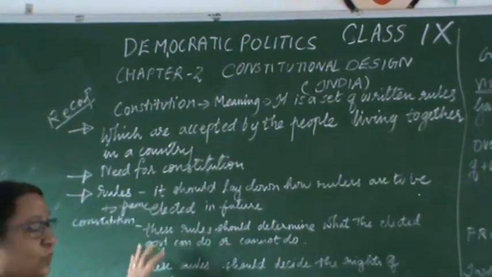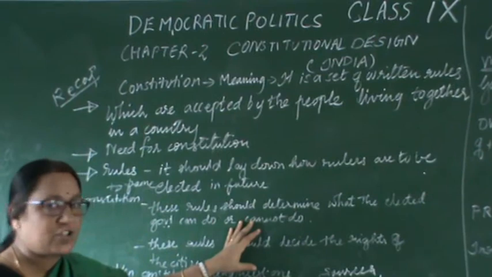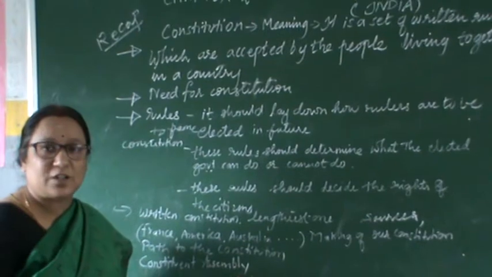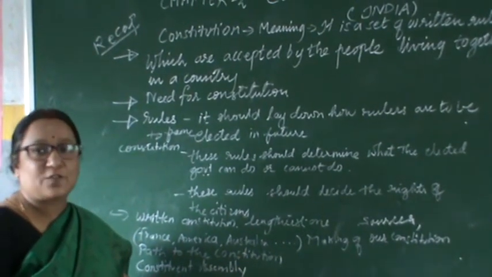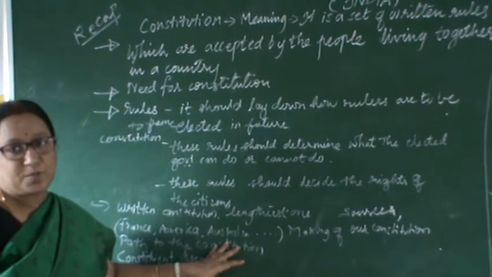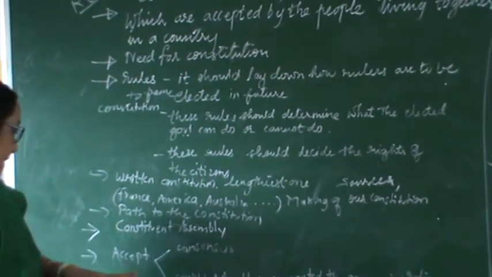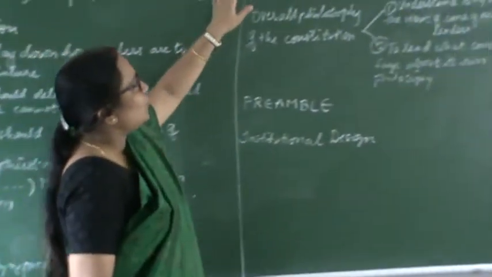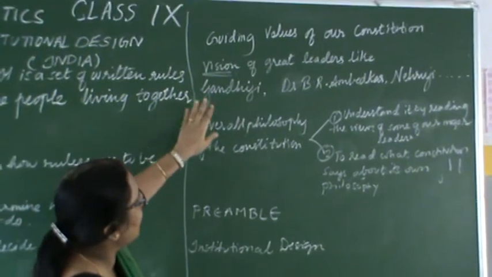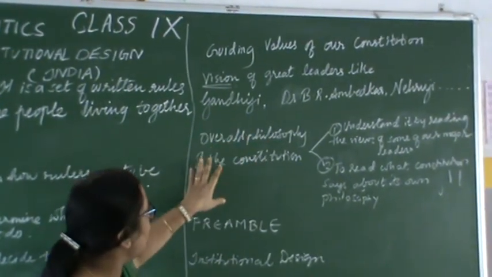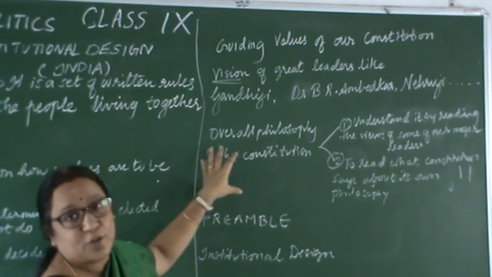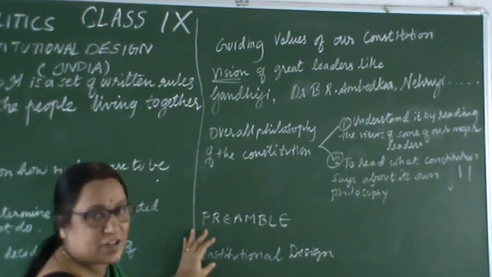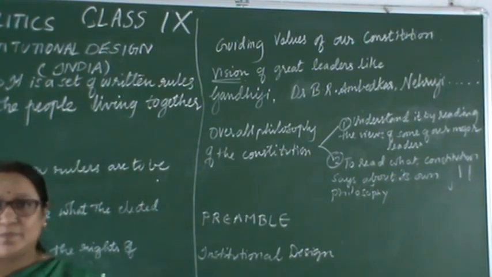Then what went into the making of the Indian Constitution, what is the path to the Indian Constitution, how the Constituent Assembly was constituted, who are the members, how many days did it take for us to write the Constitution, when it was adopted and when it came to be enforced, then why we accepted the Constitution, and then what are the guiding values of a Constitution, what is the vision of the great leaders like Gandhiji, Ambedkar and Nehruji, then what is the overall philosophy of the Constitution. You also got to know about the preamble and the institutional design. Thank you, children.